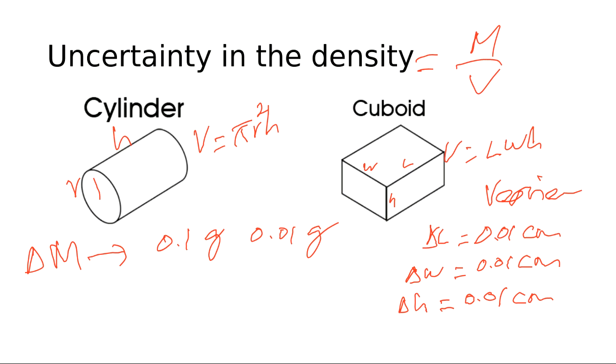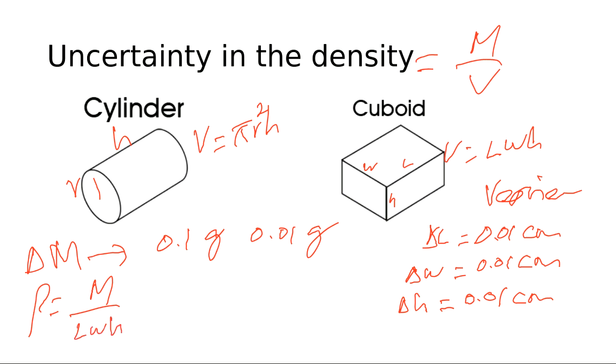So now how do we calculate the uncertainty in the density? If you look, the density is mass over volume, and if I put the formula here, here's the density, mass over volume. I'm going to do the cuboid first. It will be length times width times height.